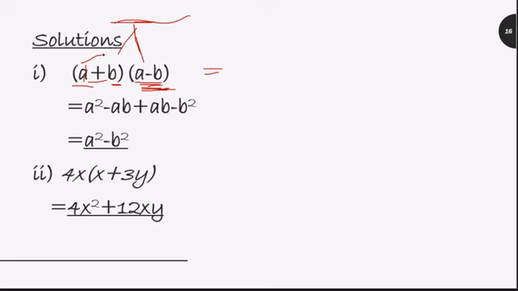You have minus ab. Then b times a, you have plus ab, there's no minus. Then b times minus b, you have minus b squared. Then you add and subtract to get the final product.